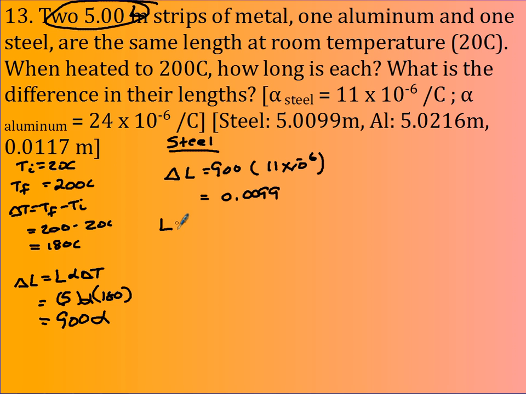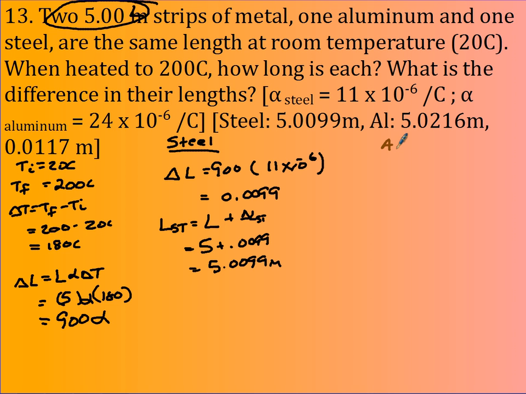So L for steel is going to be the initial length plus delta L for steel. So this is 5 plus 0.0099, or 5.0099 meters.